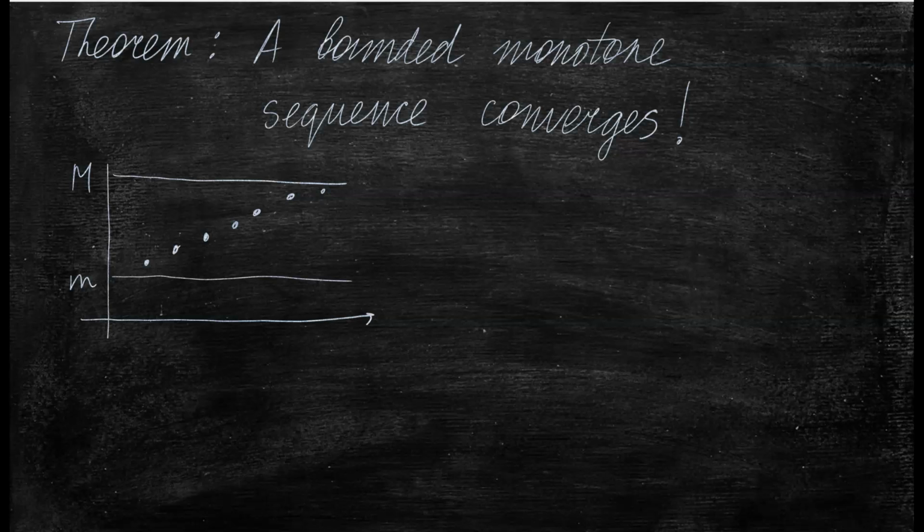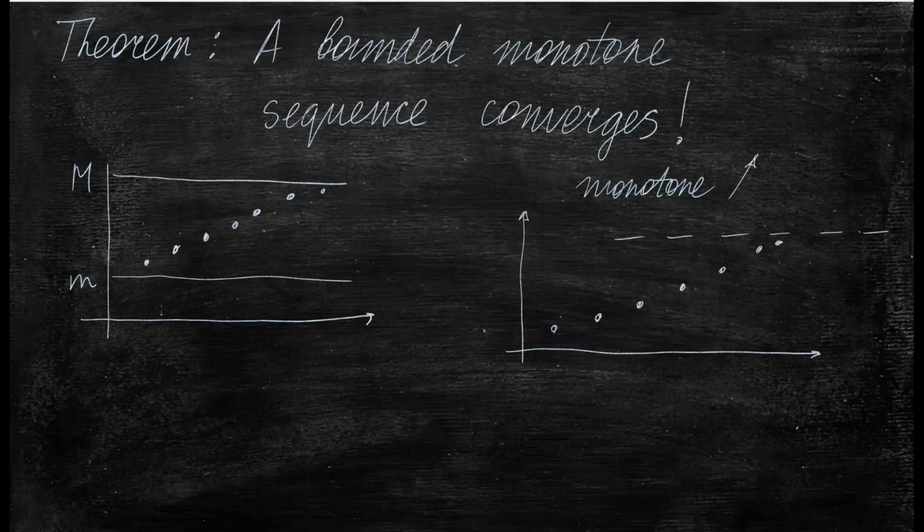Another way to look at this is if you look at a monotone sequence, let's take a look at the increasing one. There are really only two choices there. A monotone sequence keeps increasing, increasing, increasing. So the two choices that it has is either it's going to settle down and converge to some value L, or alternatively, it's going to break through every limit you set and go to infinity.